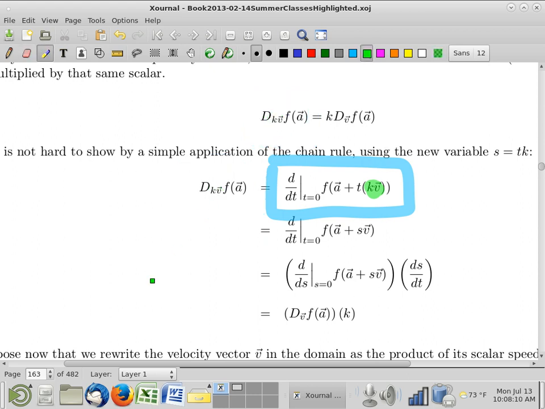And now I want to interpret what this expression means. I'm going to reinterpret this. Instead of this being my parameter and this being my velocity, I'm just going to move parentheses around just a little bit. I'm going to call S my scalar, my parameter.